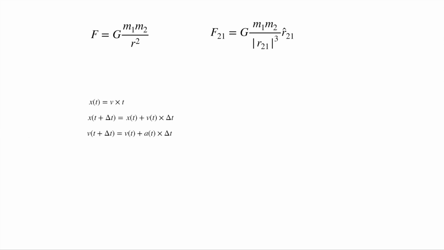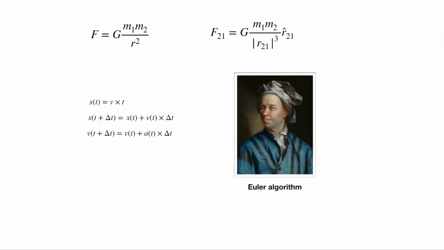And similarly, we have another equation for velocity. And this entire method is known as the Euler algorithm, which is derived from his numerical method for solving first-order differential equations. Now, in order to calculate the acceleration, we can use Newton's second law of motion, which is F equals ma, or a equals F over m.